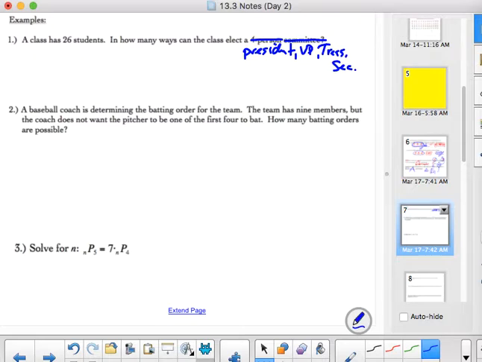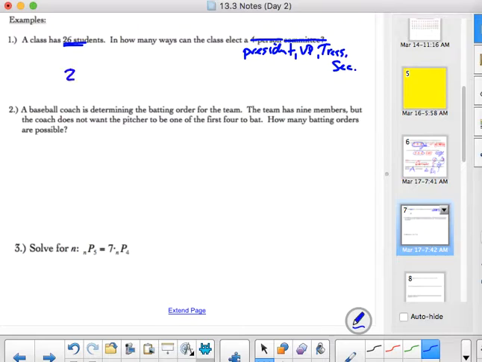So we have 26 students here, right? And so this is a permutation because the order is important. If I were the president of the class, that would be different than if I were the secretary or the treasurer or the vice president. So the order in which these students are selected is really important.